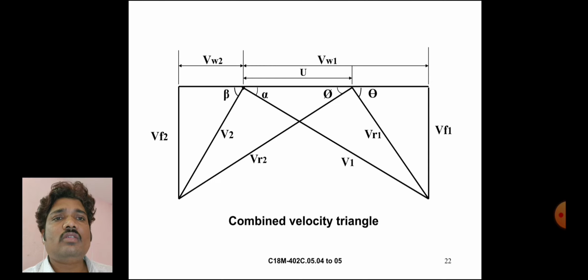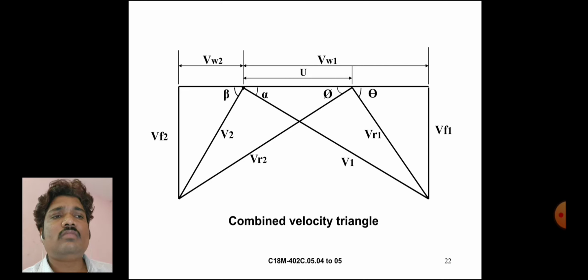In these triangles, V1 is the steam inlet velocity. VW2 is the steam outlet whirl velocity. U is the blade velocity. These are the angles: nozzle angle alpha, phi, beta, theta. VR1 is the steam inlet relative velocity.